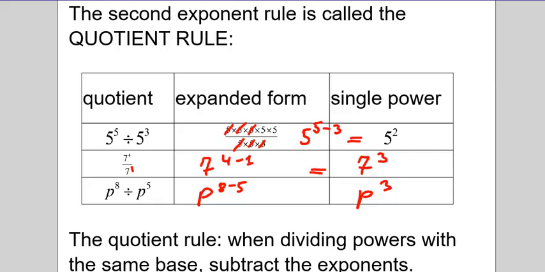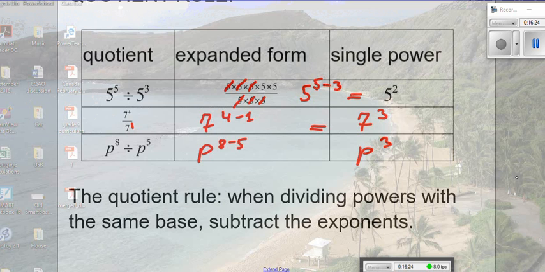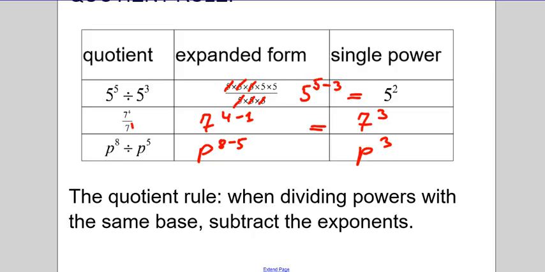This also works for fractions. This also works for negative numbers, for decimals. It's the same rule. The most important part is you have to have the same base. If they don't have the same base, all these rules go out the window. All right.